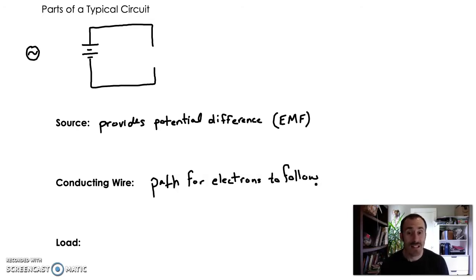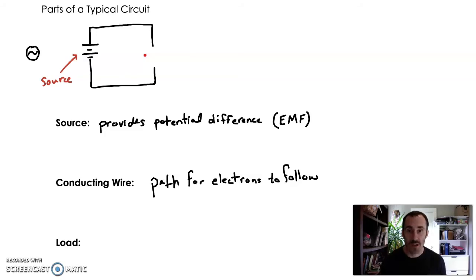And the last thing that we need is a load. The load is whatever you're powering. When you start at the source over here, that's the source. The source provides electric potential energy to electrons to move them through a circuit. As those electrons move through the circuit, they lose electric potential energy as it's converted to something else.